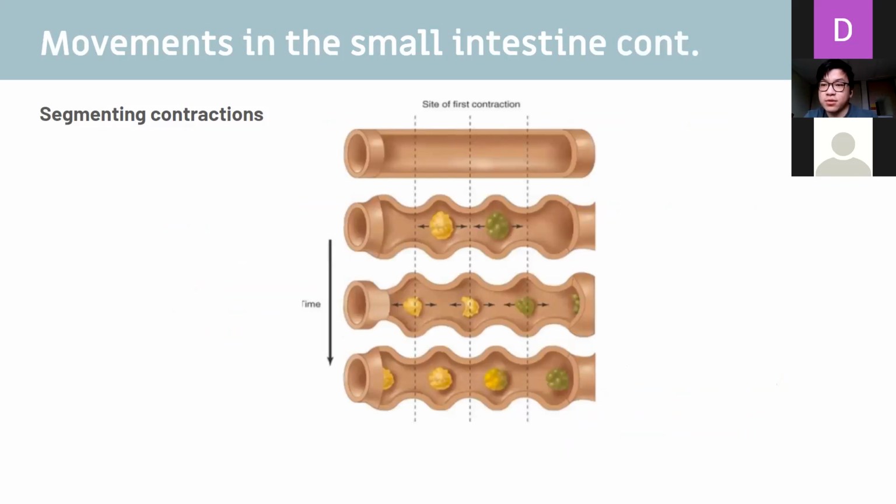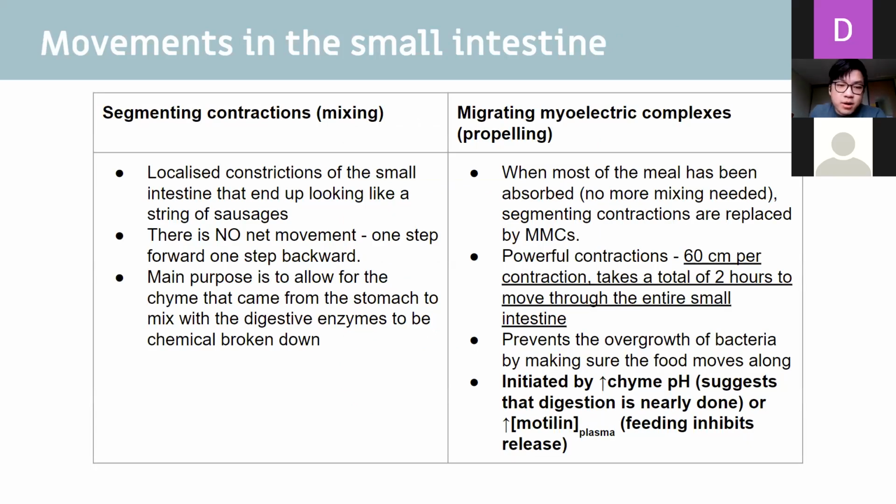And over time, the result is that everything gets mixed together more. So all the bile salts and all the secretions get mixed evenly with the food. The main purpose here is to allow the chyme that came from the stomach to mix with all the digestive enzymes released by the pancreas and the gallbladder to be chemically broken down.